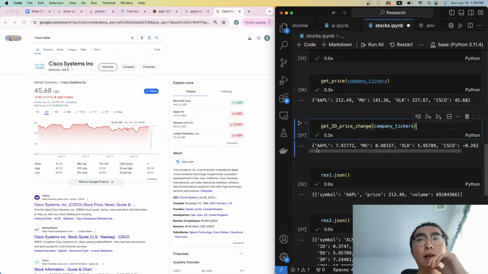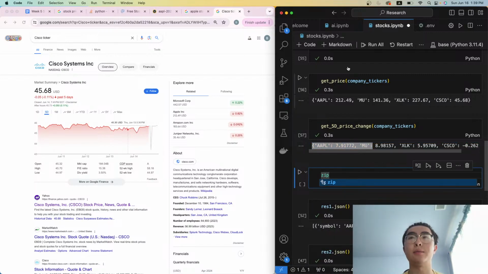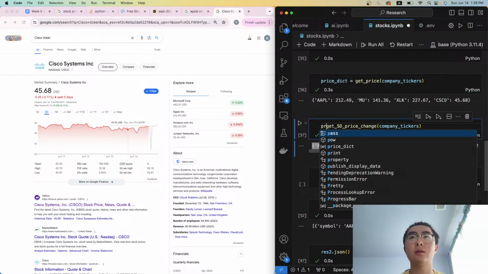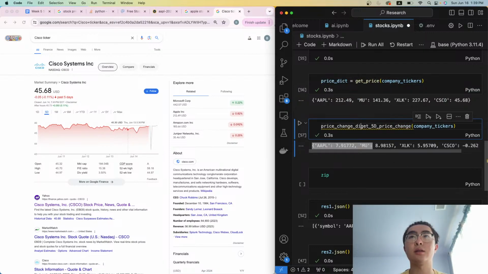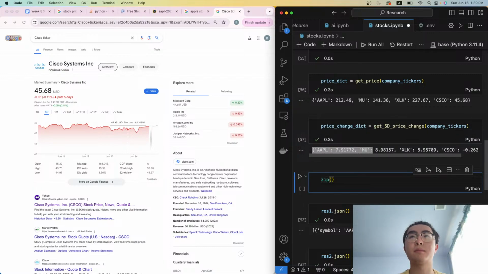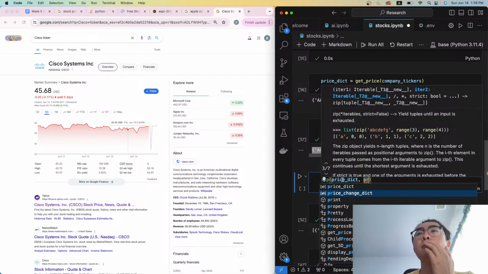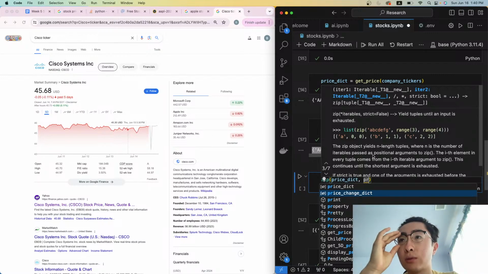So we have, right, what if we did, so what if we zip these two? Price dict, price change dict. Right, so the zip object yields n length tuples where n is the number of iterables passed.